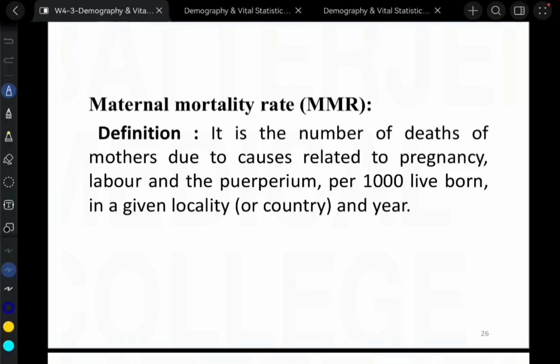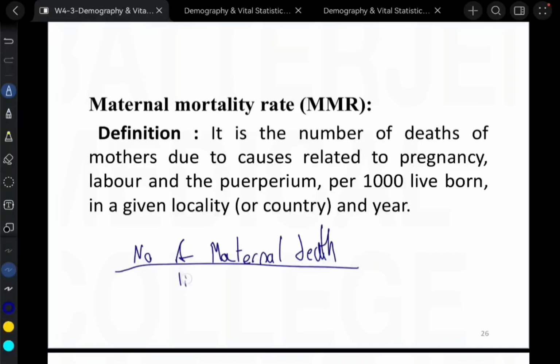Here, what we consider, it's not over the mid-year population, it's not over the pregnancies, it's over the live births. So it's going to be number of mother deaths, or maternal deaths, over live births times 1000.